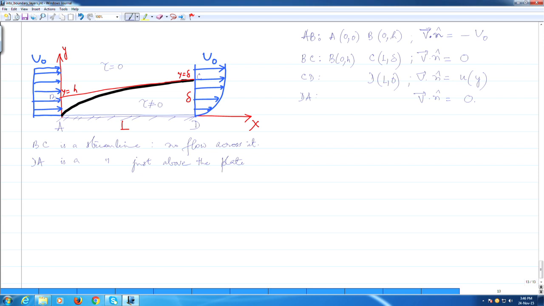Now, so here too the velocity is 0. Of course, the fact that it is a streamline and there is no flow across it, that holds, but in this particular case, because it is a boundary layer and you are considering viscosity, and this streamline is right next to the flat plate, anyway the velocity itself is 0, right. So, therefore, we have this. Now what we are going to basically do?